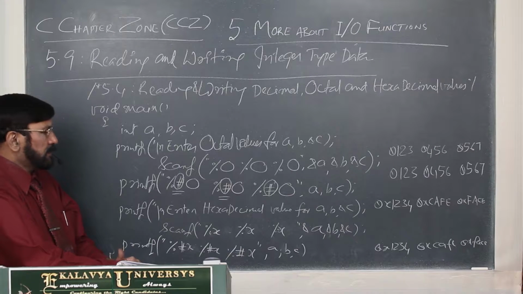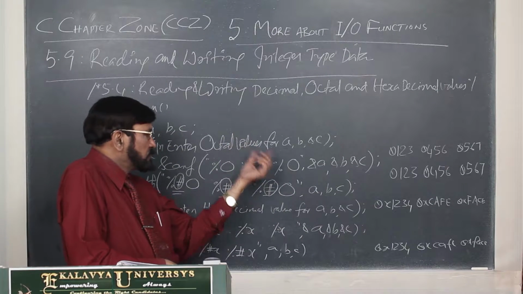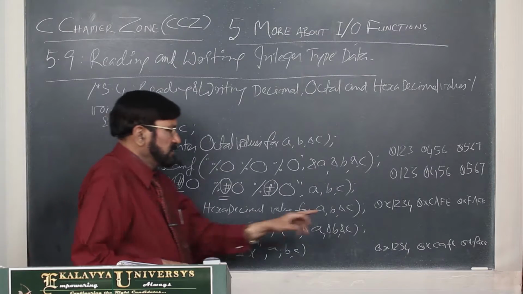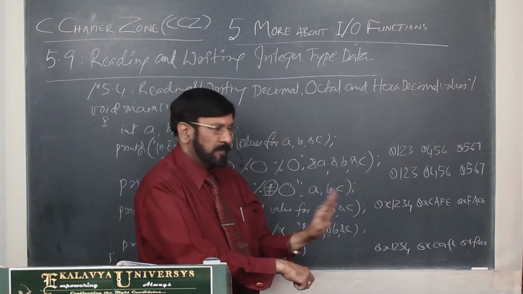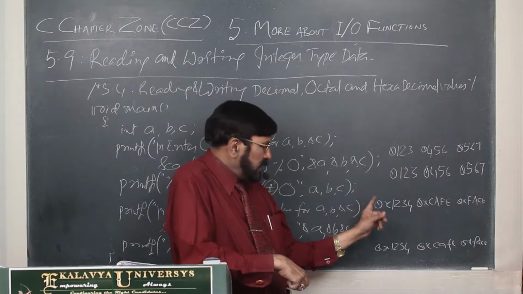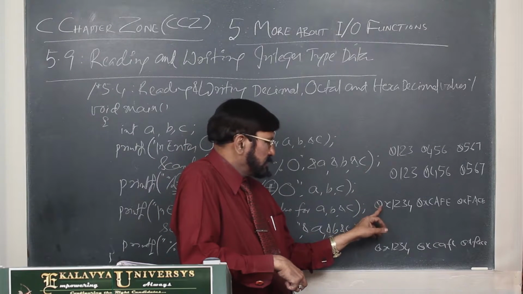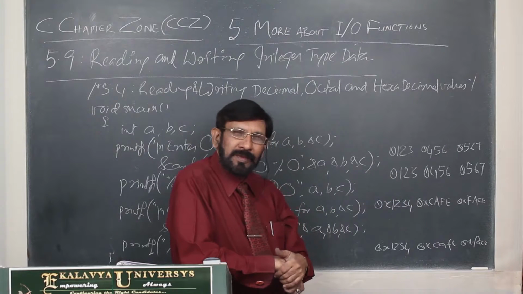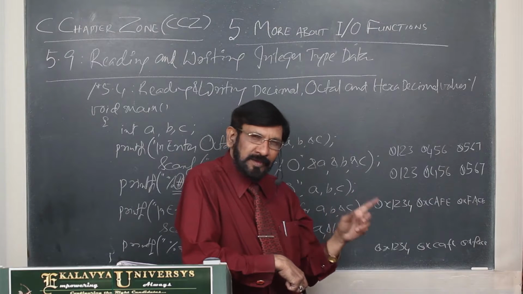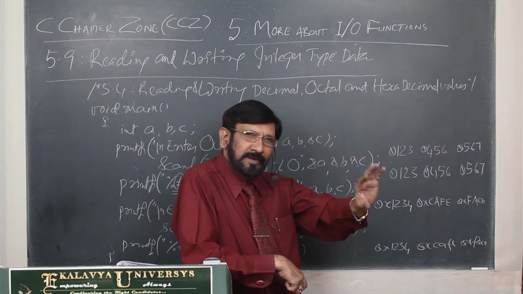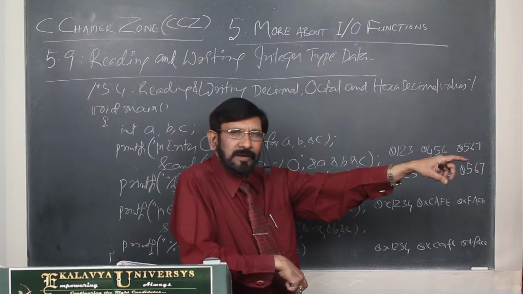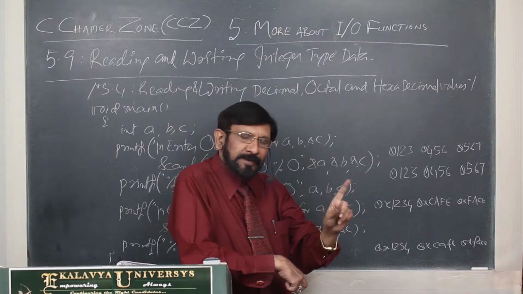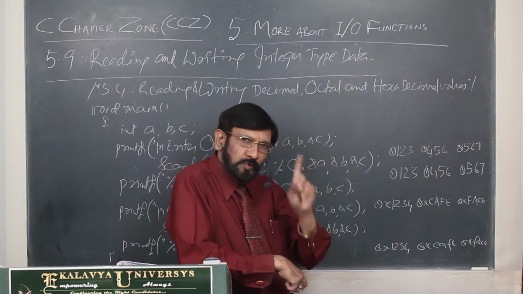In the same manner, I am entering values in hexadecimal format. Hexadecimal format means, while you are entering, no compromise. You must write the leading 0x: 0x1234, 0xabcf. Actually, A to F are valid digits for hexadecimal. They represent 10 through 15.